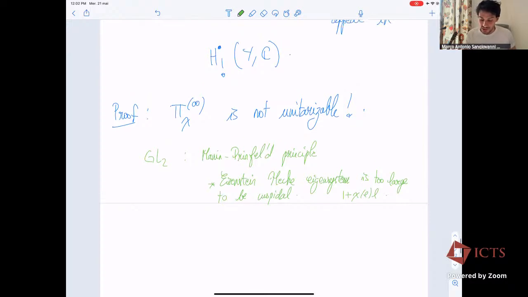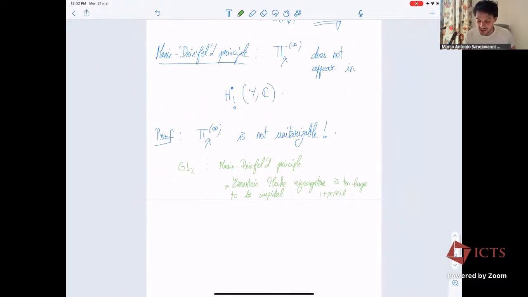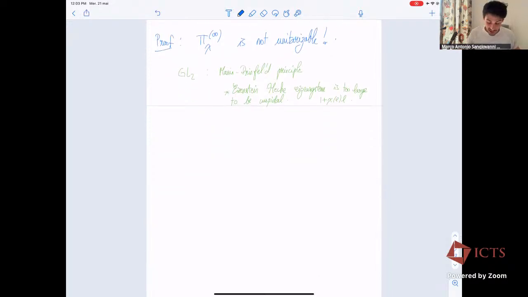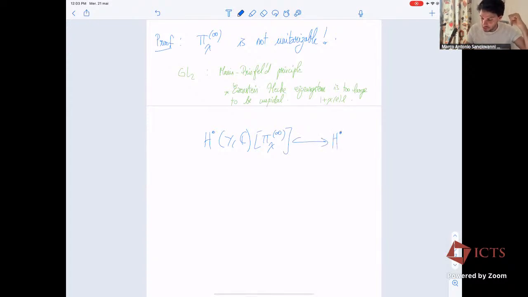Okay, so the Manin-Drinfeld principle says that this representation of GAF does not appear in the interior cohomology, and so this means that once you take pi chi infinity isotypical components, this needs to be injective when restricted to the boundary.